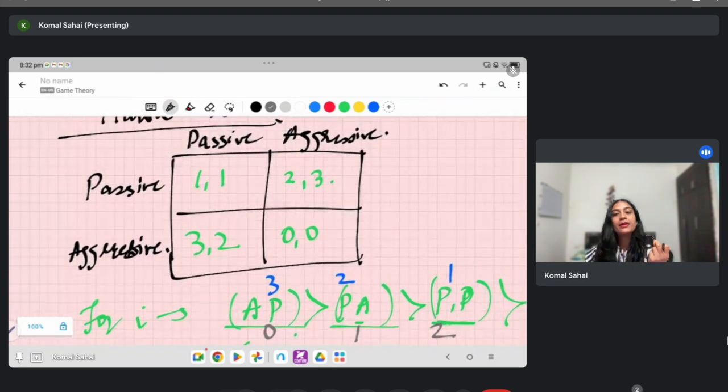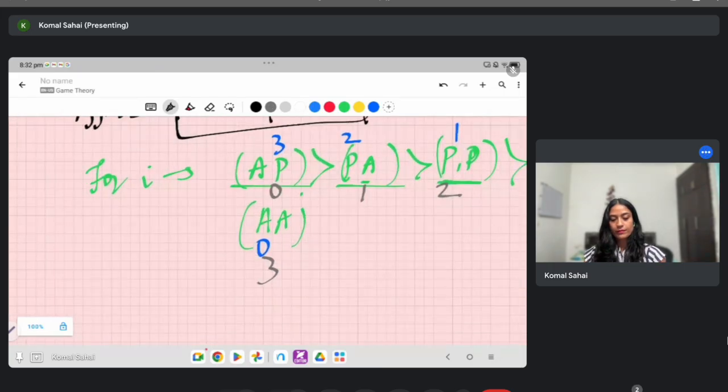इस केस में भी you will find that again there are two Nash equilibria, ये तुम अपने आप चेक करना. What you will find is that the two Nash equilibria are passive-aggressive and aggressive-passive, ठीक है। एक बार एक का चेक ही कर लेते हैं.